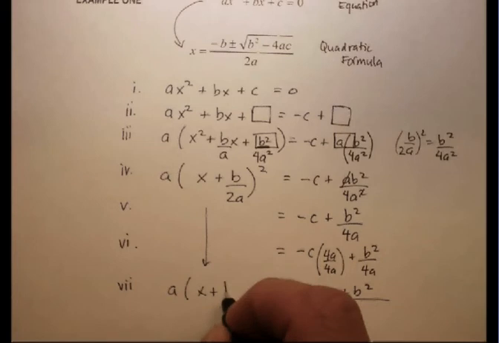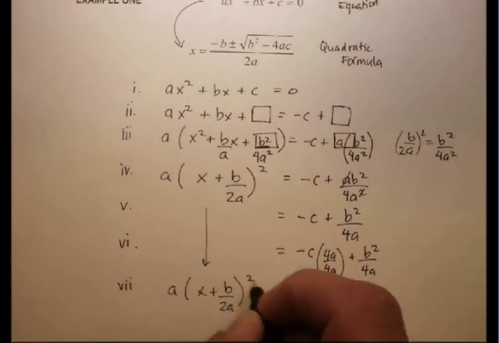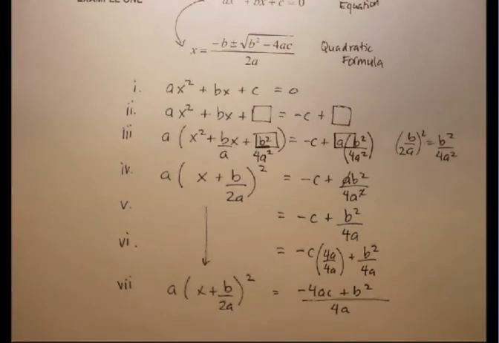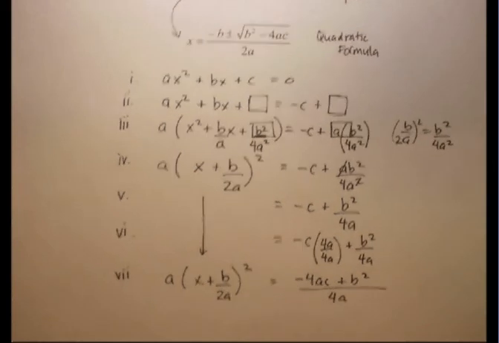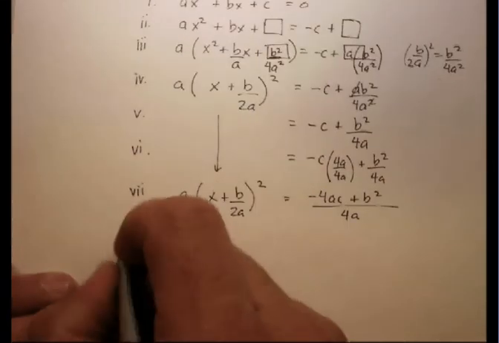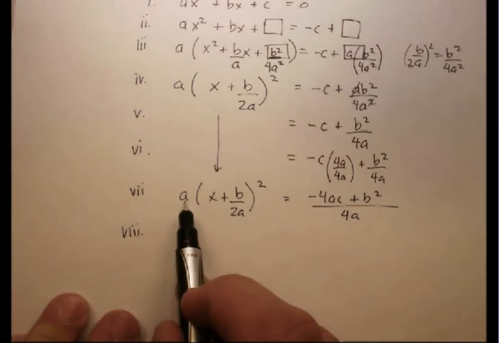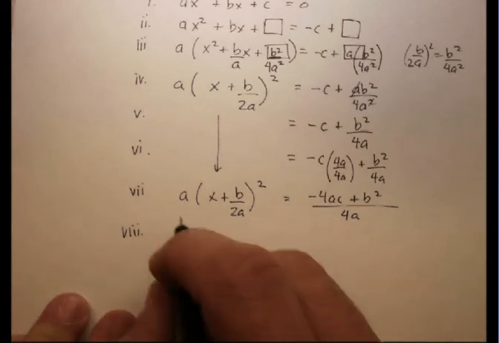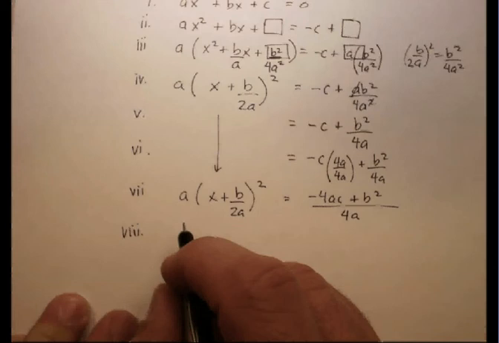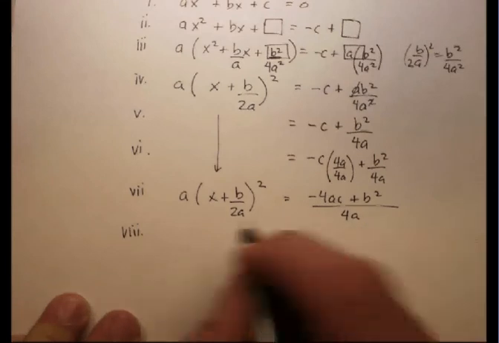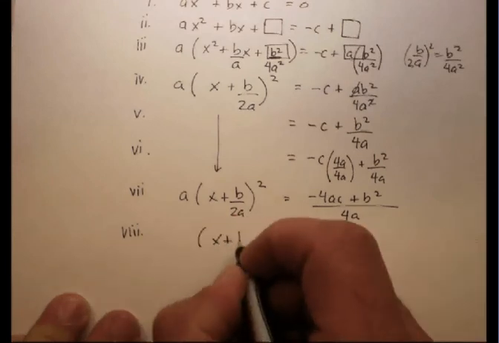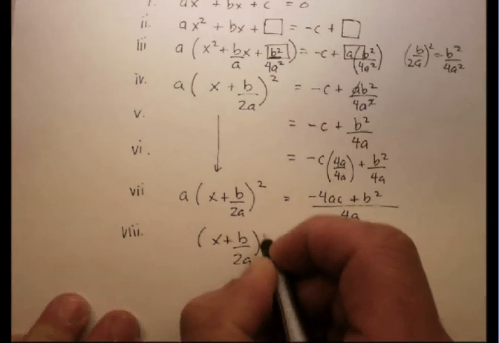X plus b over 2a quantity squared. Now, if this were just a regular problem, and this actually is just a regular problem, I'm going to take the square root of this side, but I've got an a out here. So let's divide both sides by a. That gives me x plus b over 2a quantity squared.